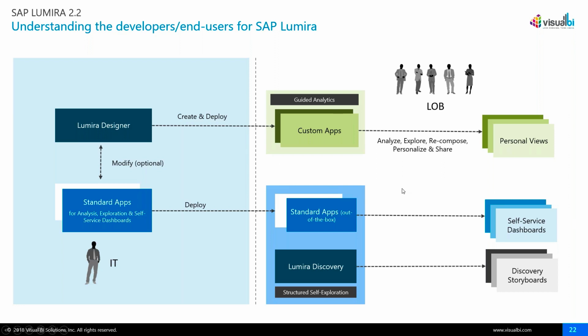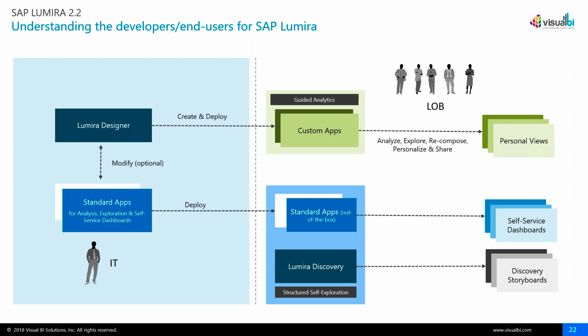On the other hand, if you'd like to deploy more controlled applications for your end users, applications with guided analytic paths which they can follow, where they can easily navigate, Lumira Designer is the tool to use. Typically, your IT team or your BI team can build and deploy customized applications for your end users, depending on what vertical or horizontal they'd like to see.